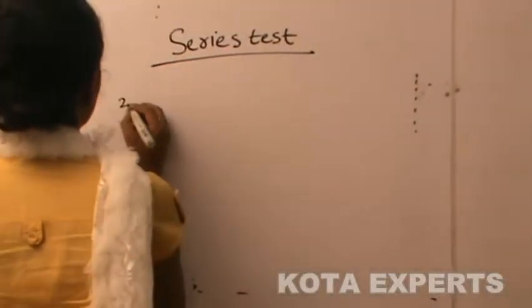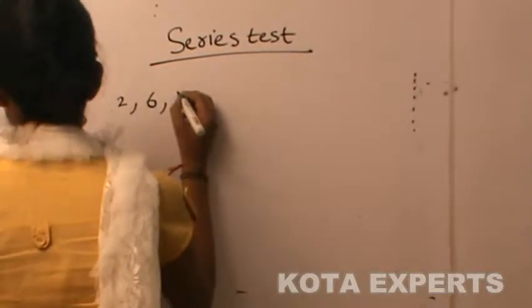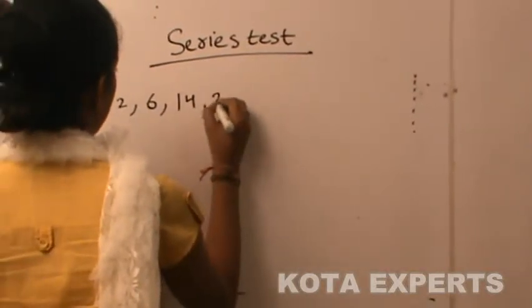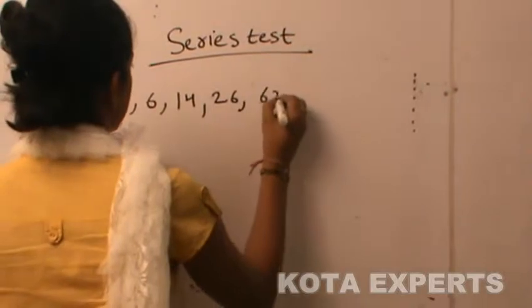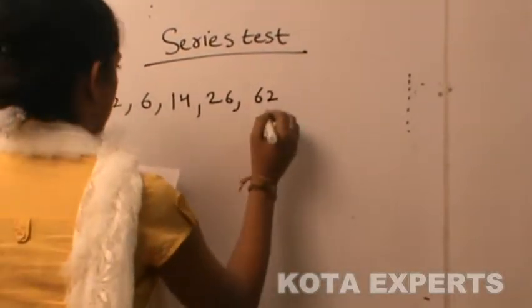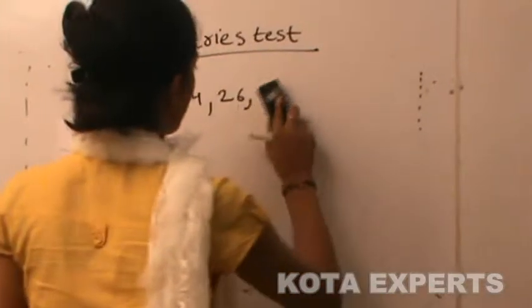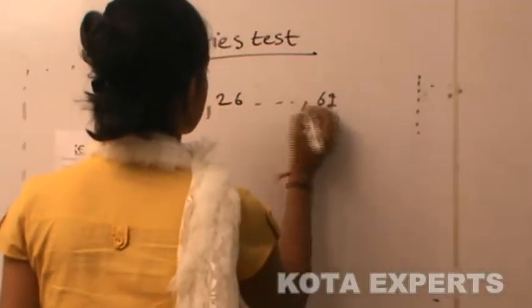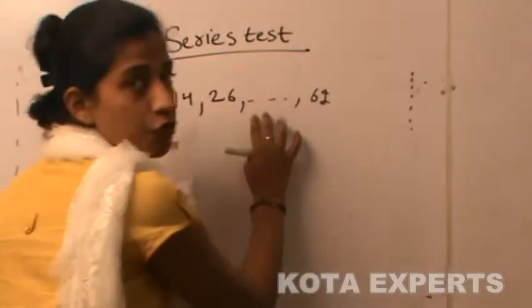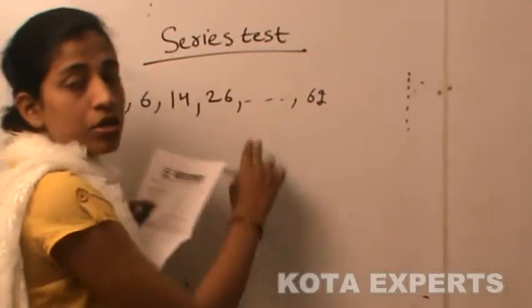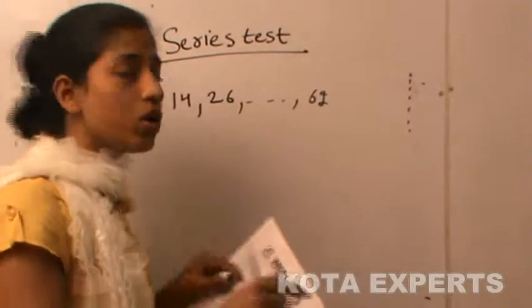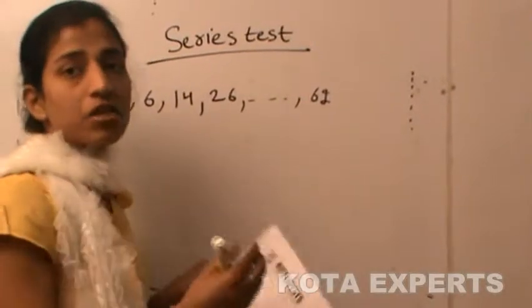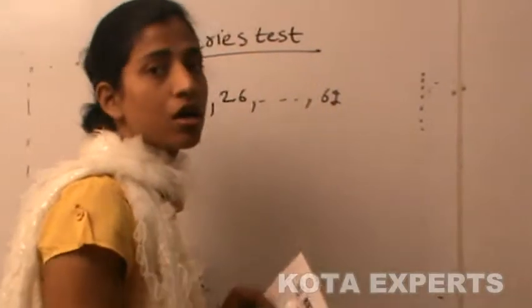In this series 2, 6, 14, 26, 62, we have to find a number at this place, before 62. So we have to insert a new number in this place. We have to find the missing number.